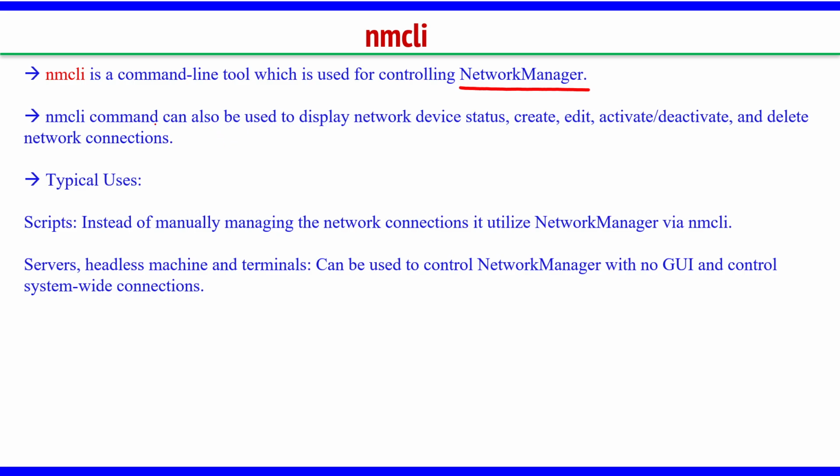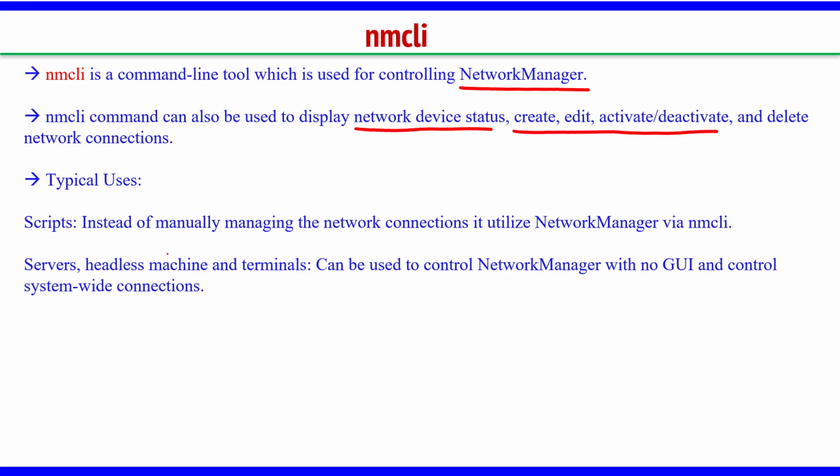It can display network device status, so if you are connected to some network, you can see the status. You can create, edit, activate, deactivate and delete network connections, Wi-Fi connections, LAN connections, using the nmcli command.